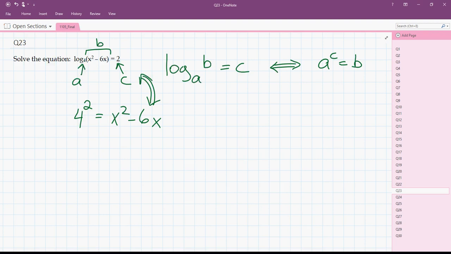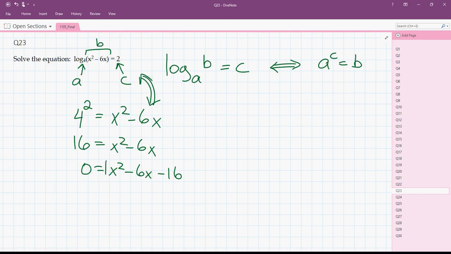So 4 squared I know is equal to 16. And then to solve this, I'm going to move the 16 to the other side. So I'm going to have 0 is equal to x squared minus 6x minus 16. So now I've taken this logarithm problem and reduced it to solving a quadratic. So to solve a quadratic, we take our a and c.